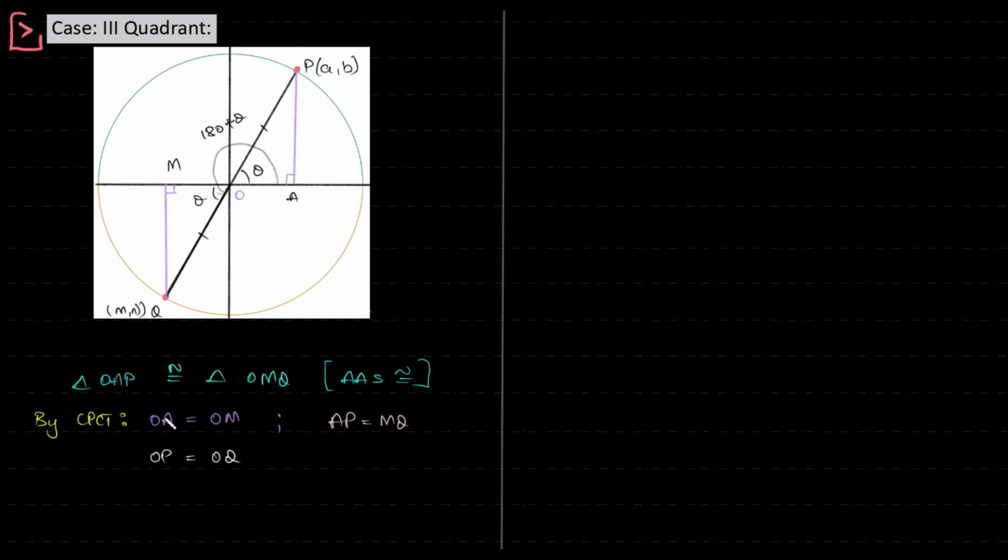Again, please understand this very key thing. These are equal in terms of magnitude. I didn't stress this point enough in the last video. I guess I did actually, but still. So these are equal in terms of magnitude. Okay, they're equal in length is what we are trying to tell. Very important point.